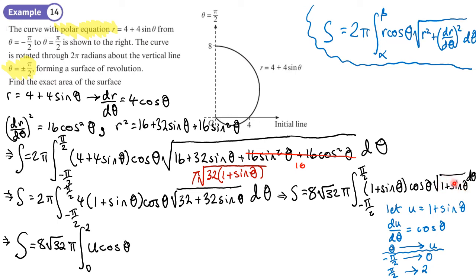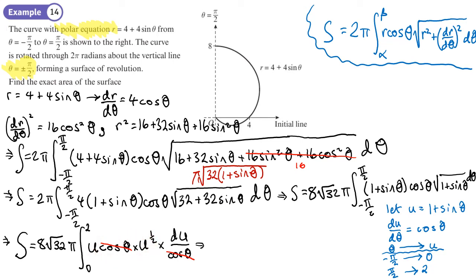Then this is going to be the square root of u, or u to the power half. Then the d theta, if we rearrange this, d theta is going to be du over cos theta. So you can see this will cancel out, and then we've got a nice easy integration because all of this just becomes u to the power of 3 over 2.